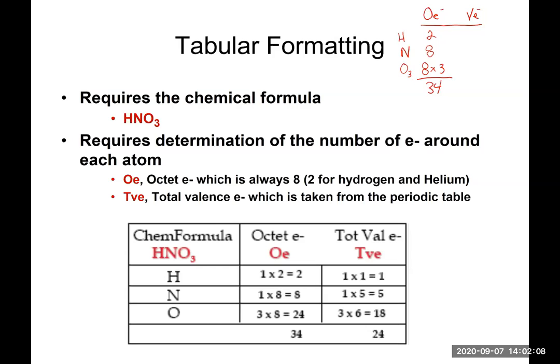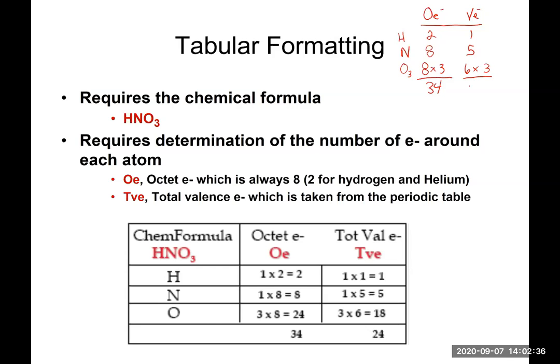Now we look at the valence electrons. Hydrogen is in group 1A, so it has a valence of 1. Nitrogen on the periodic table is in group 5A, so it has a valence of 5. Oxygen is in group 6A, so it has a valence of 6, but again, there are 3 atoms. And so we have to take into consideration all 3 of those atoms.